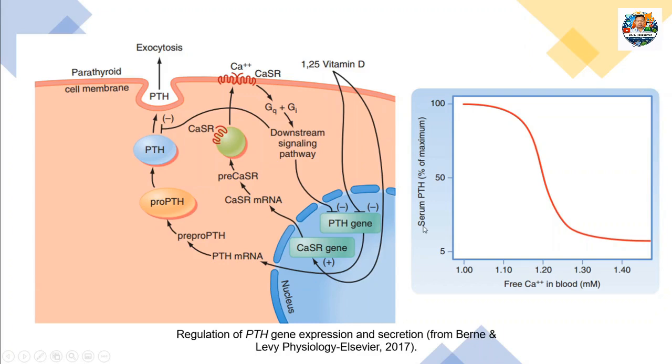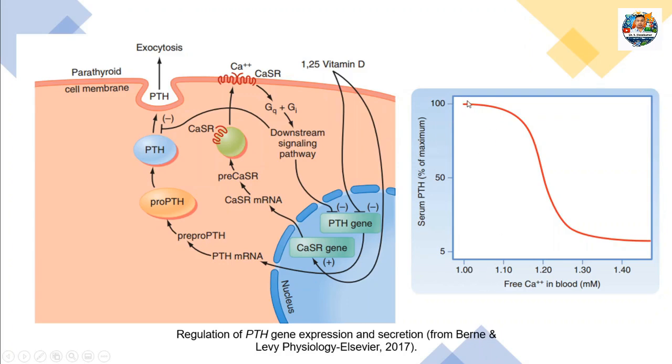As the concentration or amount of parathyroid hormone decreases, you see like this, when the calcium concentration is low in the blood, then there is high serum parathyroid hormone.